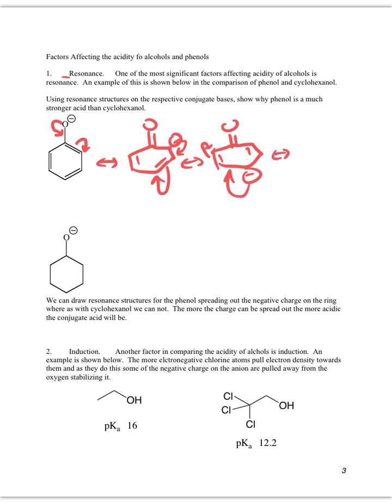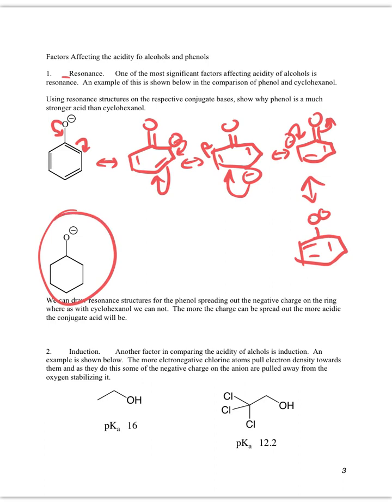So the pK for phenol is much lower than the pK for cyclohexanol because of these resonance structures that we can draw. And then we can send it back onto the oxygen to get the phenoxide. There's nothing we can draw moving that negative charge in there because this carbon here is sp3 hybridized. It has a hydrogen on it. We can't send more electrons to it.